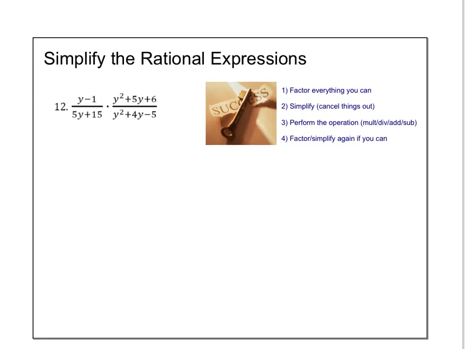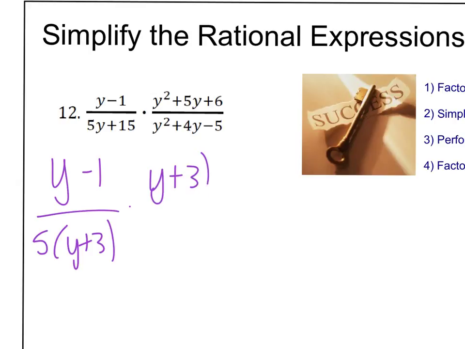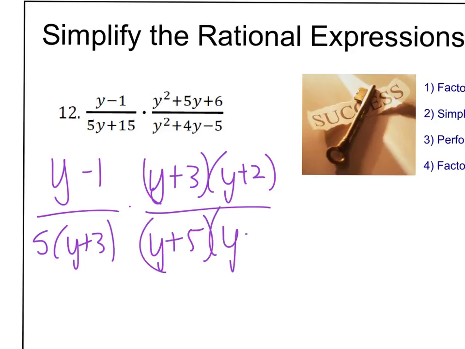So again, just running through some of these. Y minus 1, 5, and then I pull out what's in common, get y plus 3. That'll be y plus 3, y plus 2 on the top. On the bottom, y plus 5, y minus 1. Factor, factor, factor, factor, factor. I told you many times you got to be fast at this.